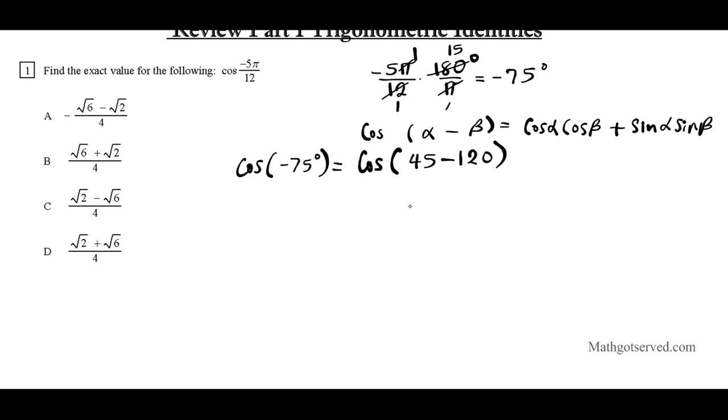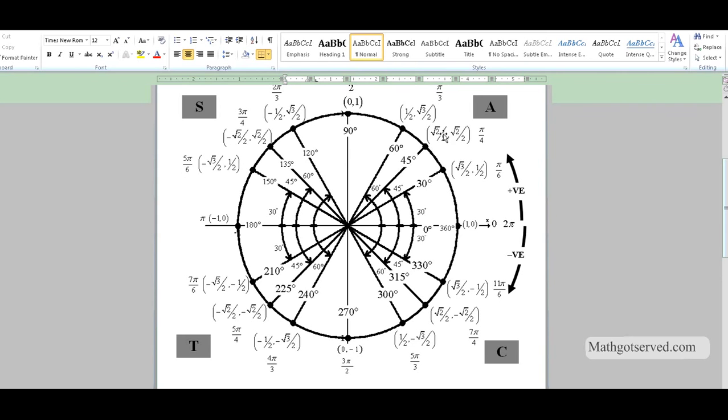So this is what we're going to be looking for. All right, so alpha is 45 degrees, and when we consult our unit circle, we'll see that the coordinates of 45 degrees are root 2 over 2 and root 2 over 2. And the coordinates of 120 is negative 1/2 and root 3 over 2. Okay, so let's go ahead and write those down.